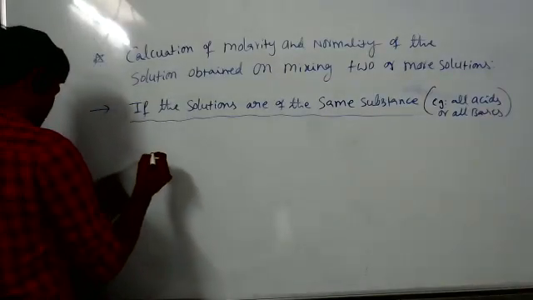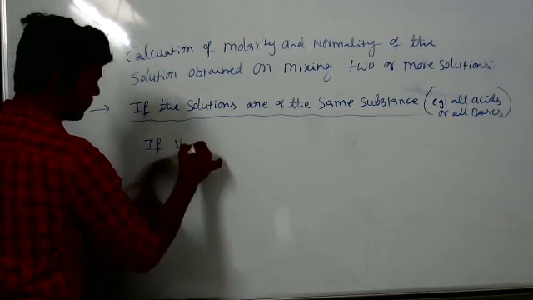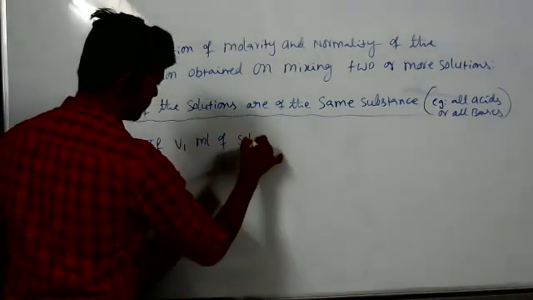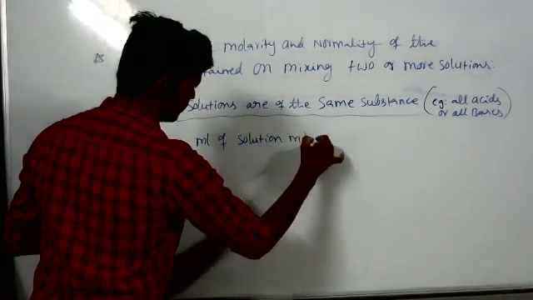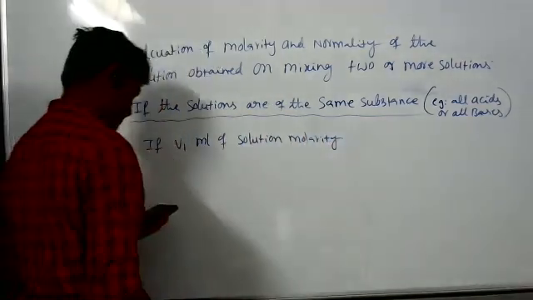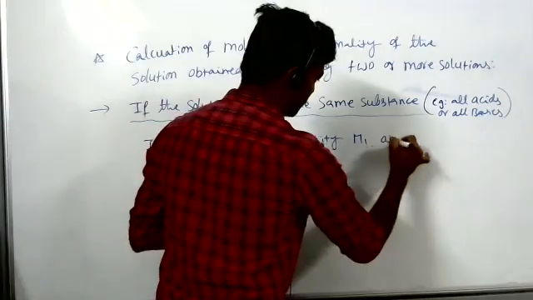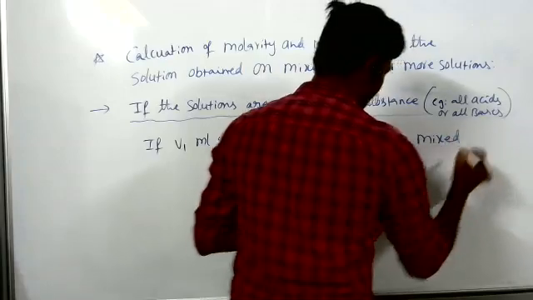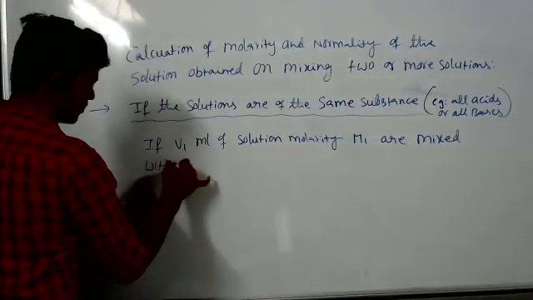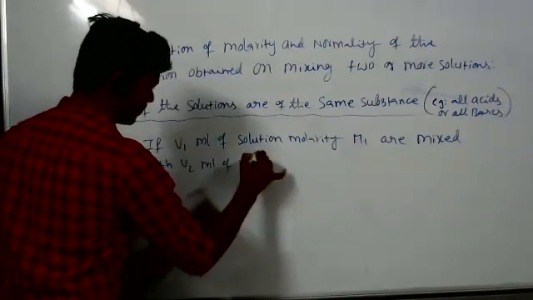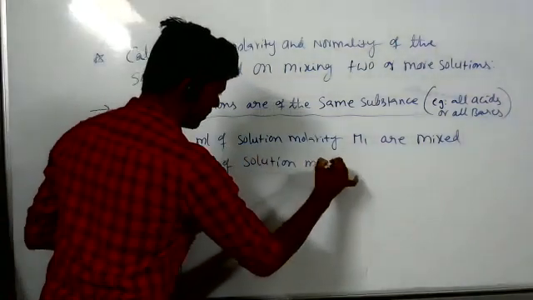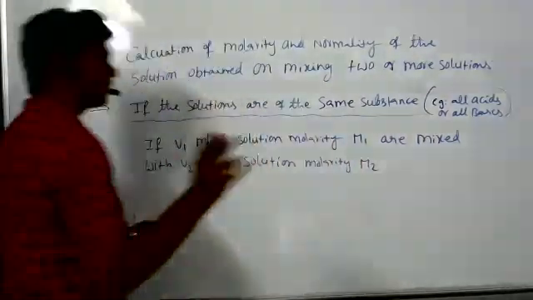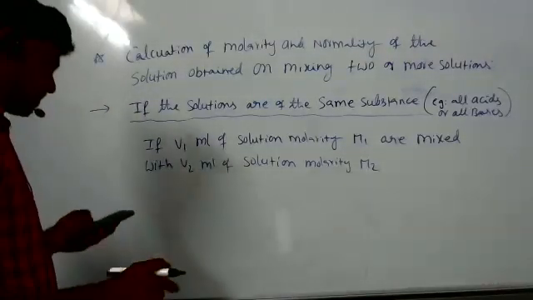If V1 ml of solution of molarity M1 is mixed with V2 ml of solution of molarity M2, so here the same substances we are using, either two or more acids or two or more bases only we are mixing.